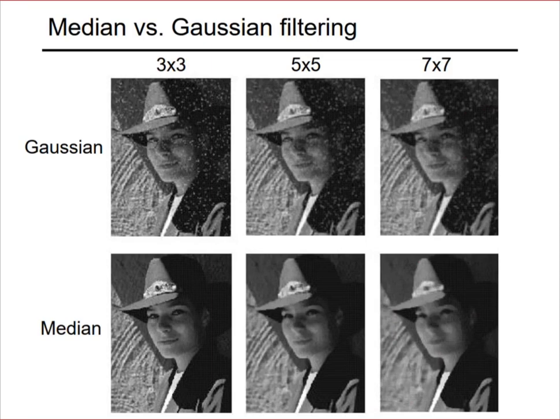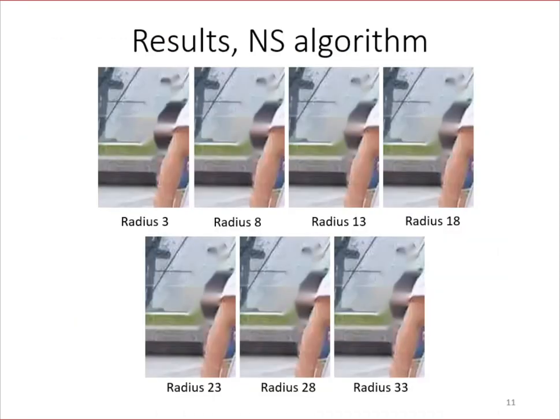Let me recall what we saw in the first class. This question is similar to the experiment here. For this algorithm, what is the best parameter for the kernel?